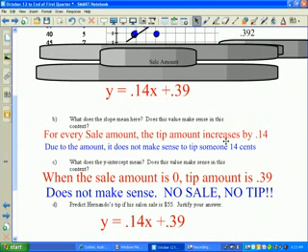If your slope is positive, it's increasing. If your slope is negative, it's decreasing by whatever the amount. If you go with that format, that will help you visualize and explain. So if you ever get stuck, just say "for every," and then it'll start to roll off your tongue.